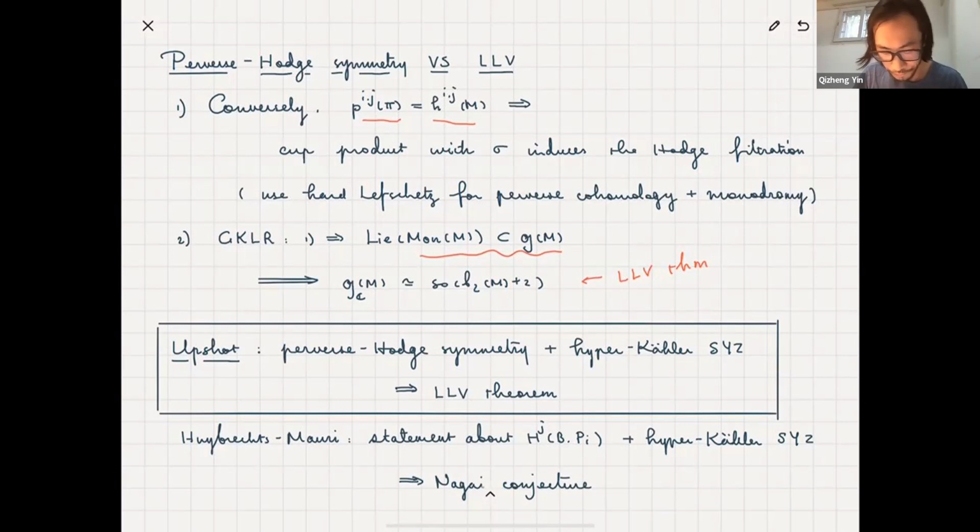Now, further, if you're willing to assume the so-called hyperkähler SYZ conjecture, which roughly speaking means that all hyperkähler manifolds can be deformed to a Lagrangian hyperkähler manifold, then this perverse Hodge symmetry plus hyperkähler SYZ will give you a new proof of the LLV theorem without the metric at all.